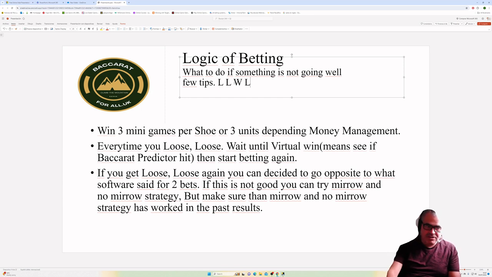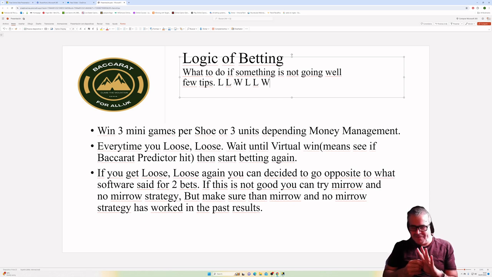So we lost, and then we have to stop betting because we lost again two in a row, but we are losing four in a row already. Oh, so it can be a win. So we bet again, because we have that virtual win. So it can be lose, lose. We lost two rounds. Again, we have to make a break.